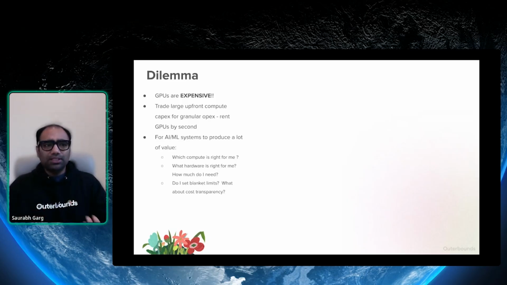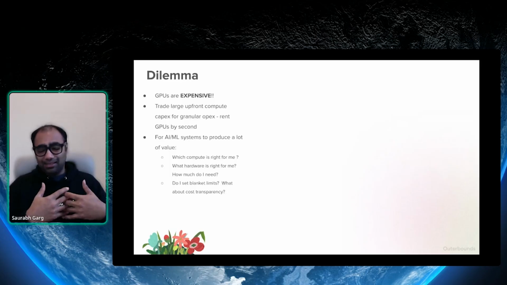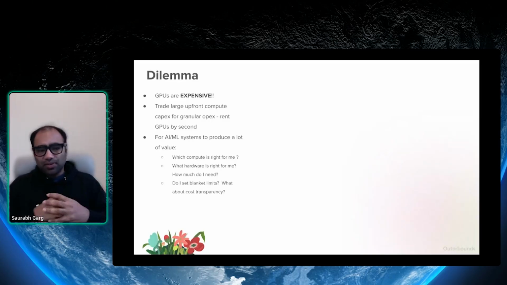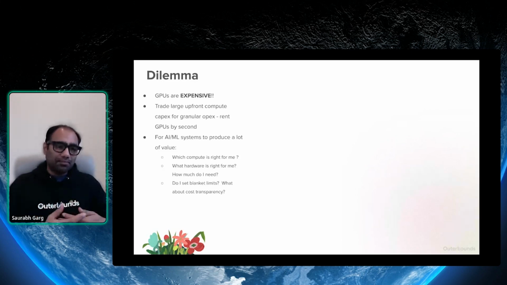How do they use these particular GPUs? Can a single person use all the GPUs? Can multiple people use a fraction of the GPUs? How do I set these limits? Because at the end of the day, money is finite, even though cloud infra might be infinite. But what about the cost transparency? How do I know that these workloads that might be running on these niche pieces of hardware are actually producing value for me? How do I know that?